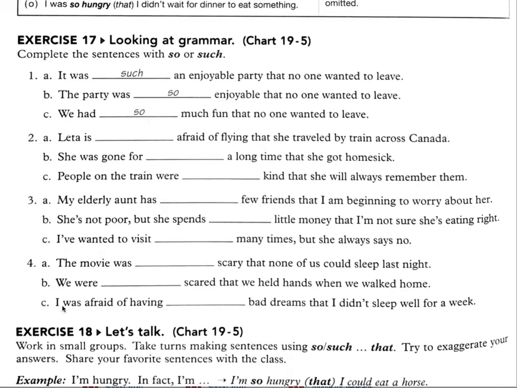Letter C. I was afraid of having blank bad dreams that I didn't sleep well for a week. So here, you're saying, okay, bad and dreams, adjective and noun, such. So number 3A, 3B, and 3C are so. 4A and B, so. 4C, such.